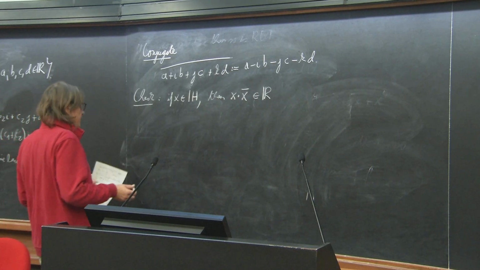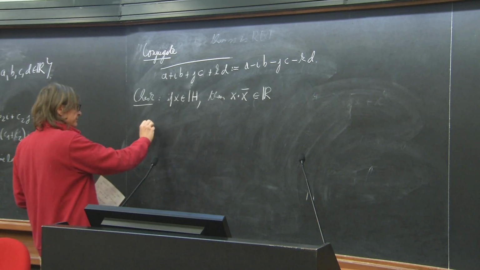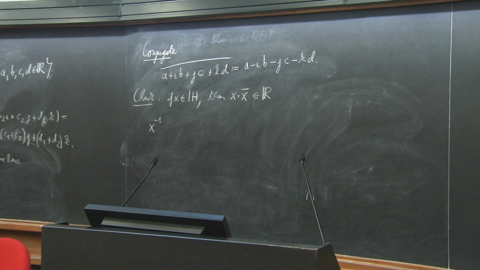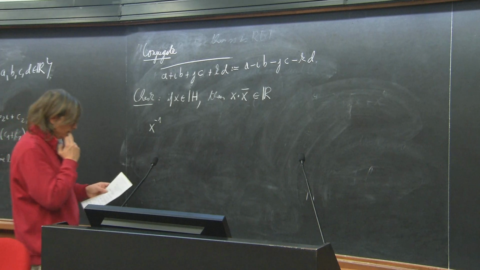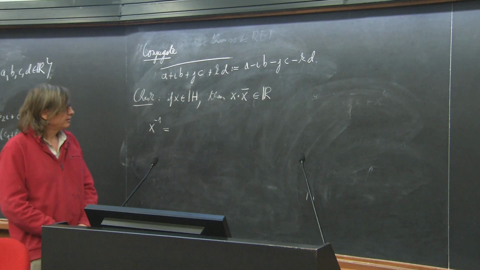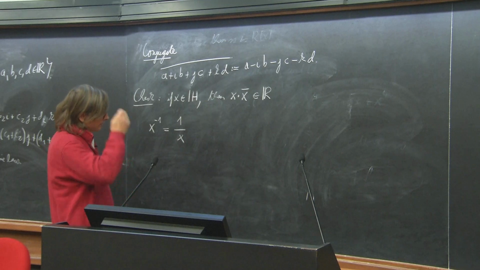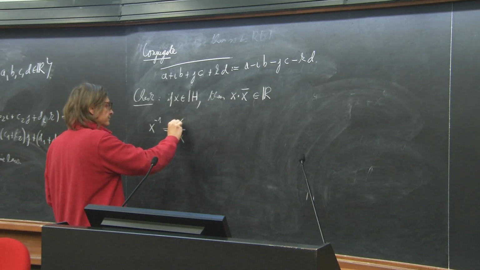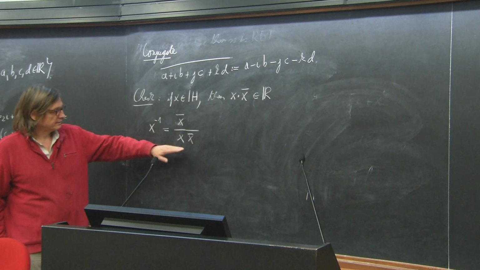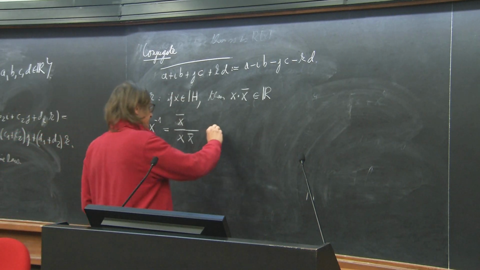Then you can see the multiplicative inverse of x: you could say this would be 1 over x, but now you multiply formally by x bar, so it's just x bar divided by this real number. All the coefficients are divided by the real number. And this is the multiplicative inverse.